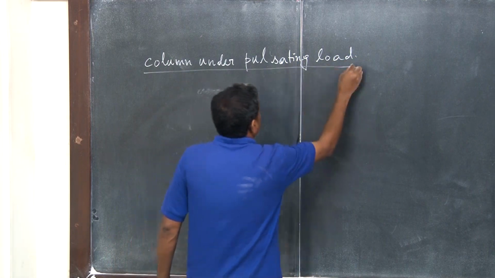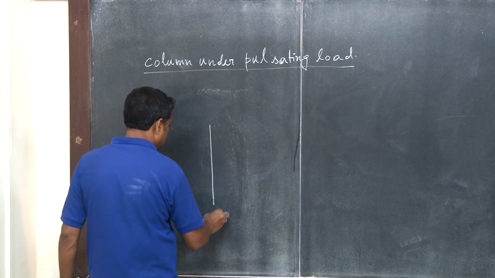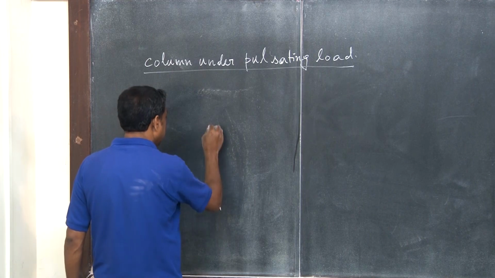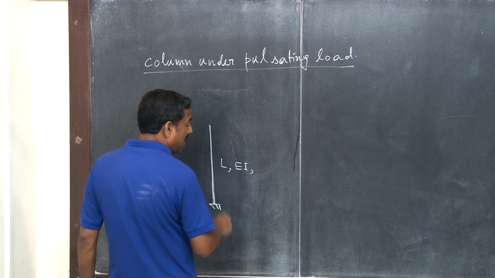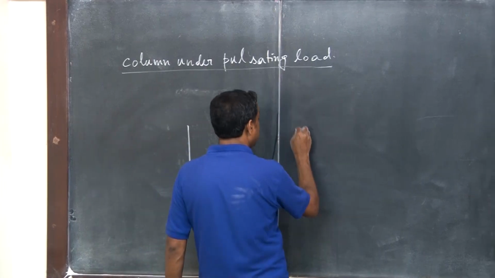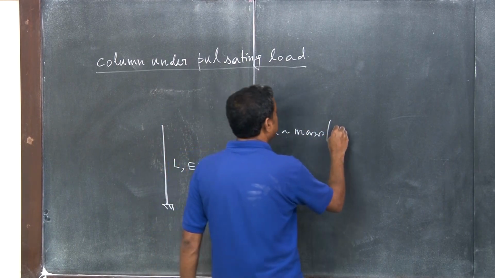Pulsating axial compression. So here we consider a column of length L, flexural rigidity EI, and mass per unit length mu. Mu is the mass per unit length.